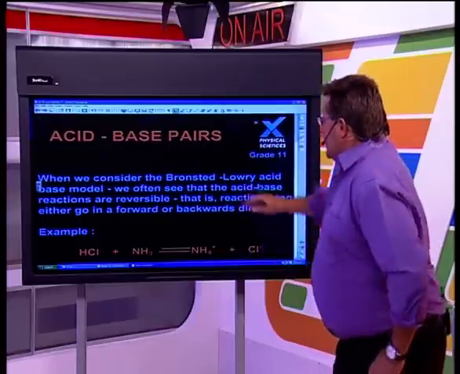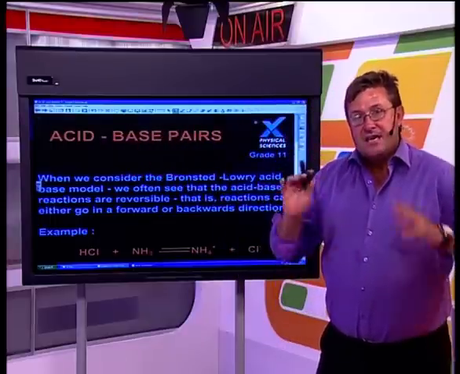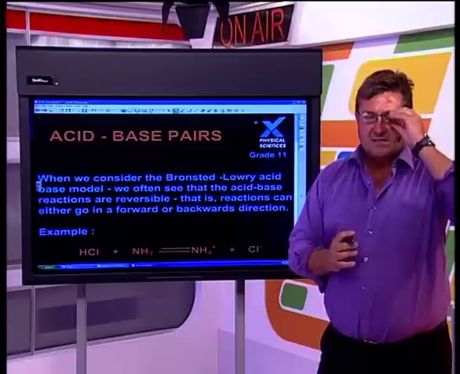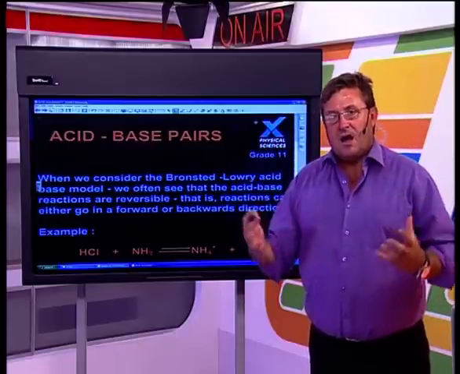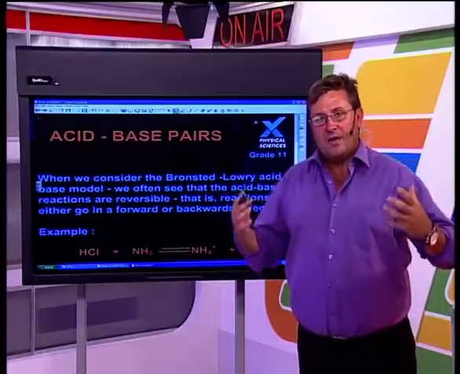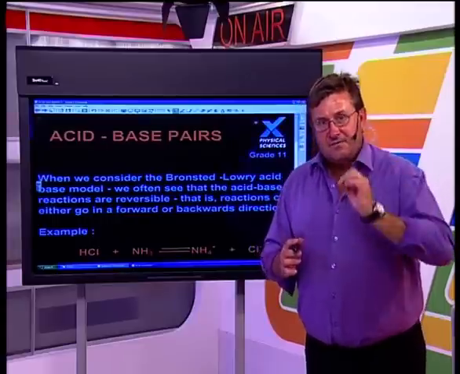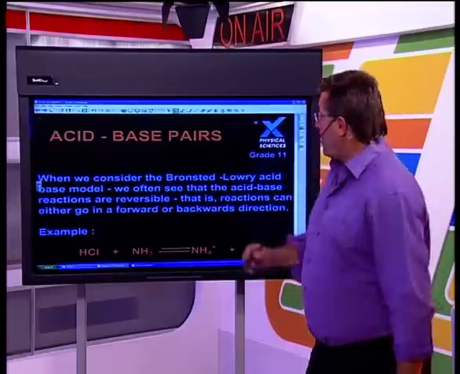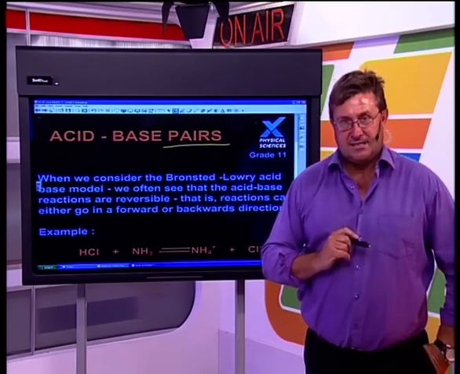Now, once we're able to understand these movements of protons in terms of our acids and our bases, we can develop the Bronsted-Lowry theory a little bit more. We can start looking at the specifics of the reactions in terms of the movement of these protons, and we're going to look for what we call acid-base pairs.